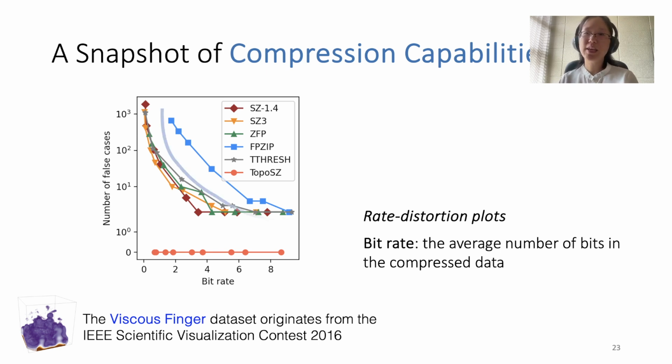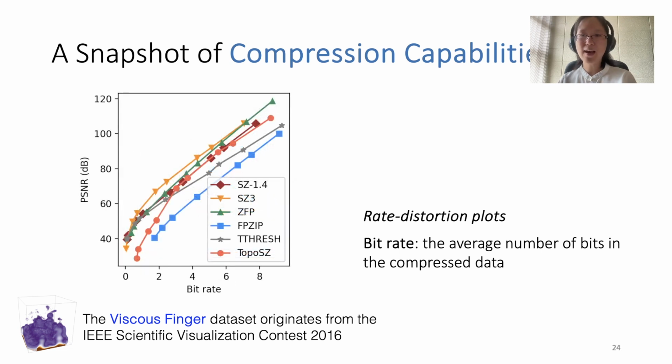It's natural to see fewer false cases as the bit rate increases for topology-unaware compressors, since with more bits to store the data, less information, including topological information, is lost during compression. But our TopoSZ compressor can guarantee no false cases occur at any bit rate.